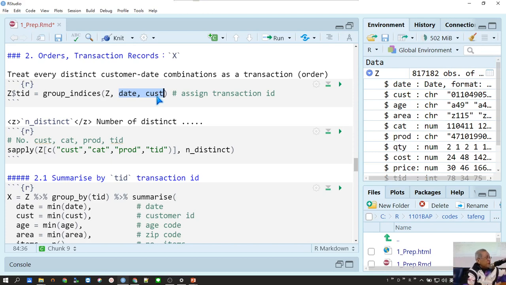So for each ID, it would definitely have a different customer or date. You see what I mean? That's what I mean by group index. You want to generate a group index based on these two variables, or specifically based on the combination of these two variables, okay?